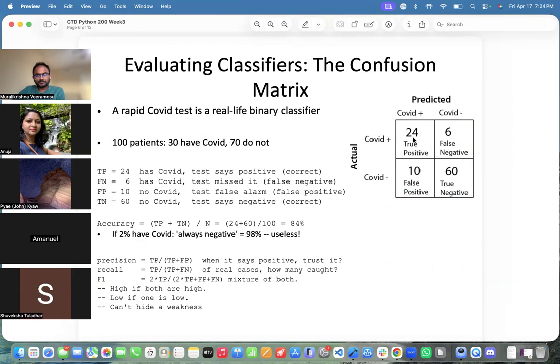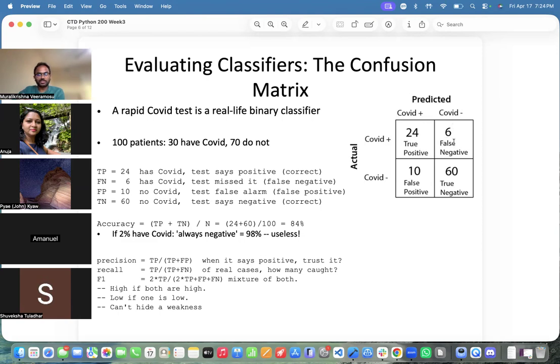So 24 people, our model predicted as positive, and all those 24 people are really positive. This is true positive. And our model predicted negative for 6 people, but they're actually positive in reality.